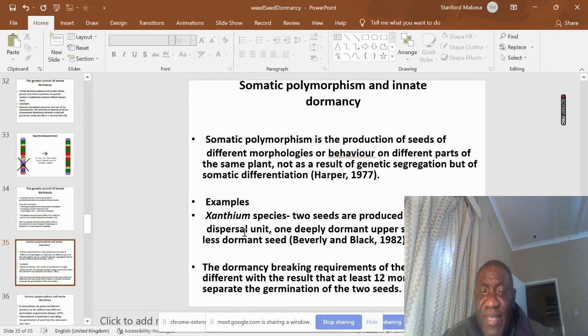Now, the domains breaking requirements of these two seeds are different, with the result that at least 12 months normally separate the germination of the two seeds. So, what it means is that the seeds of the same plant, some may germinate readily, but others may have to wait for 12 months in order to germinate.